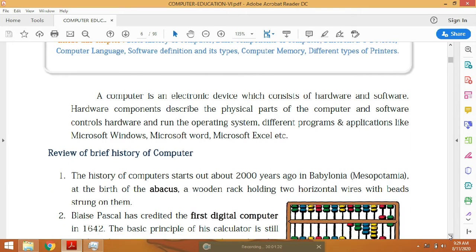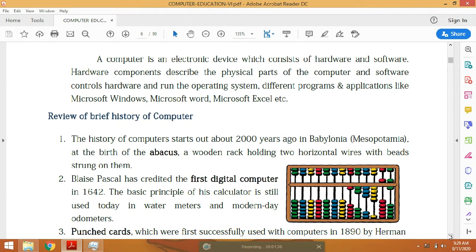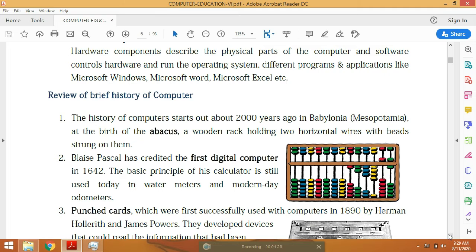Now let us start with the brief history of computers. It almost started 2000 years ago in Mesopotamia, with the first thing that was used for computation. Our ancestors used the computer as a computation machine, which means to calculate something.